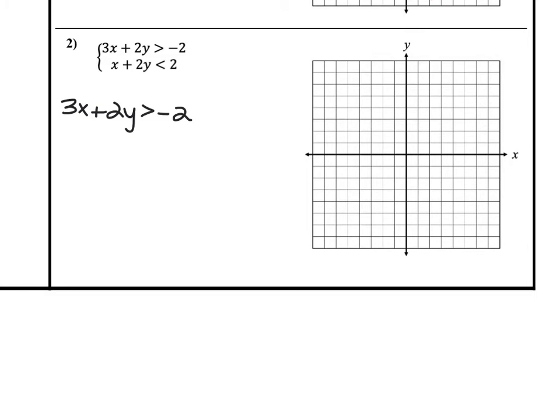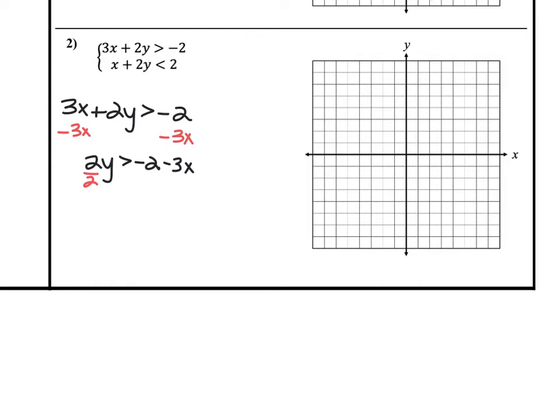I have to move the x term to the other side. So I'll do that by subtracting because it's positive, which means that my new equation is 2y is greater than -2 minus 3x. Have to get y by itself, so I'll divide by what's in front of y.